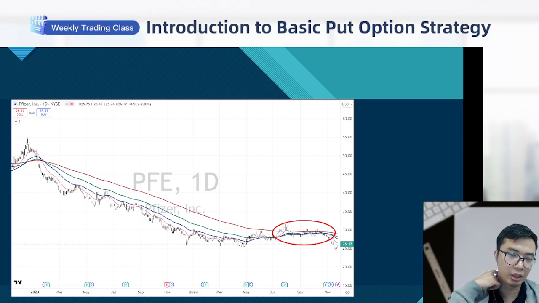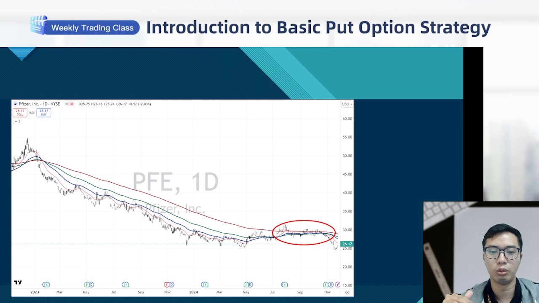Alright, so it's the same stock. So we look back, you can see this stock actually tried to rebound. However, when it rebounded back to the 200 EMA, it didn't manage to go above. It means that the shorter EMA line didn't manage to cross above this EMA 200.